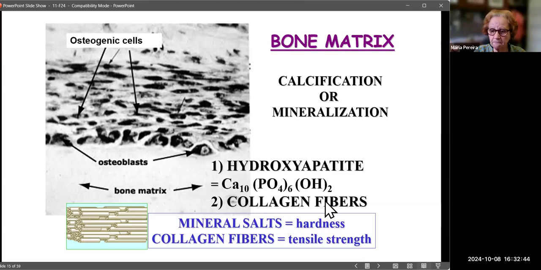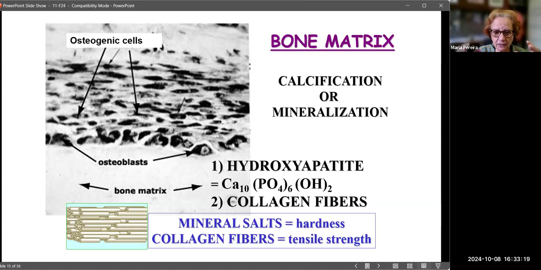But at the same time, the bone has some tensile strength. What does that mean? That means that every time you fall, you don't break a bone, because the bone can withstand some kind of stress. If you fall with a big fall, then you can break a bone, you can fracture a bone. But for example, if I hit my arm against the table, I don't break the bone.